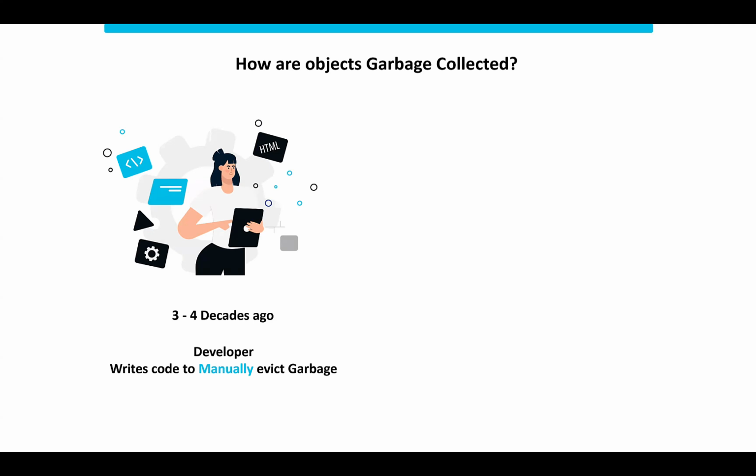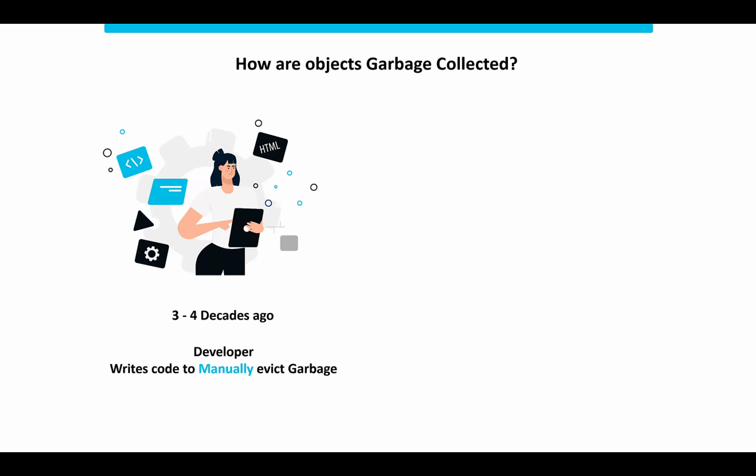I only say new customer object, new account object, new connection object. I only say new and create the object. I don't write code to remove these objects from memory. But 3-4 decades back, as a developer, it was my responsibility to deallocate these objects, so I needed to write code to remove them from memory.